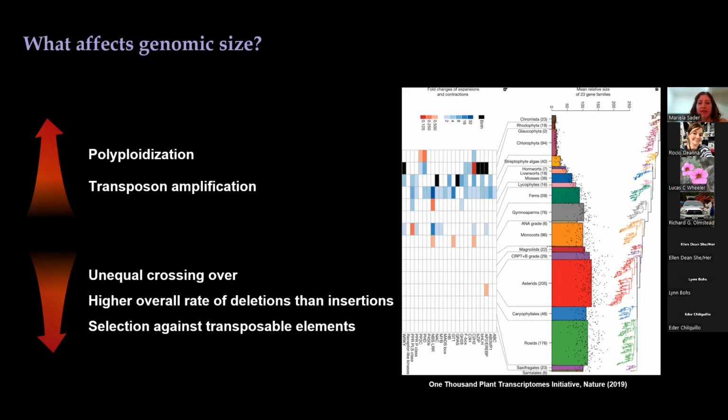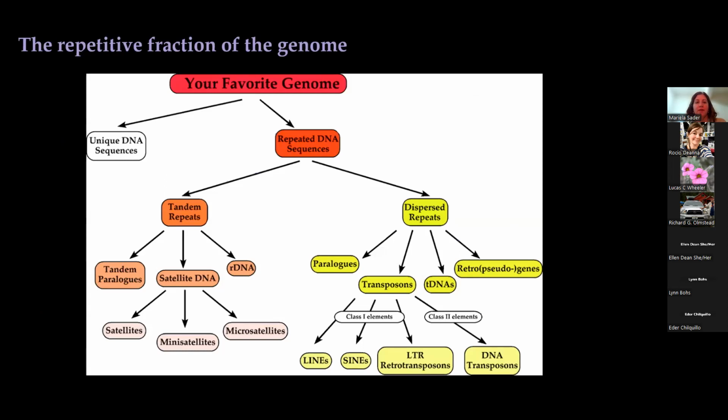In this graph, we can see how the sizes of the main gene families have increased throughout the evolutionary history of plants. And this is mainly due to polyploidization and accumulation of repetitive sequences.